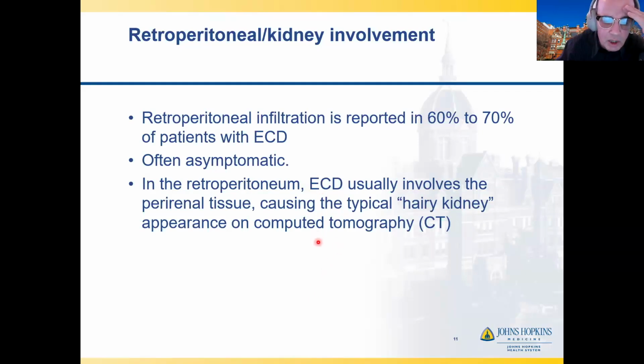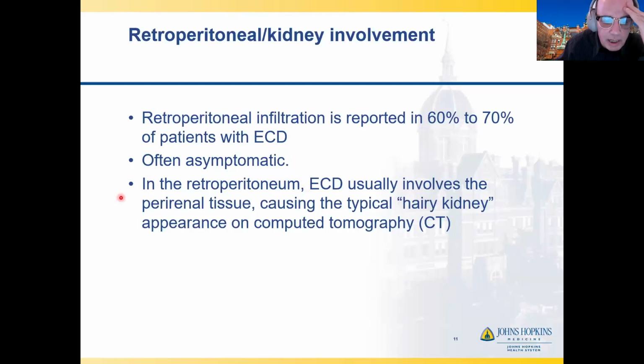And so the majority of patients are often asymptomatic, and there is a delay in diagnosis, not just because they are asymptomatic, but because a lot of physicians don't know about the disease as well. As you know, this is a very rare disease, and we're talking about 1,000 cases worldwide. But retroperitoneal infiltration happens in about 60 to 70% of Erdheim-Chester patients. So the kidney is really at the center of this disease.